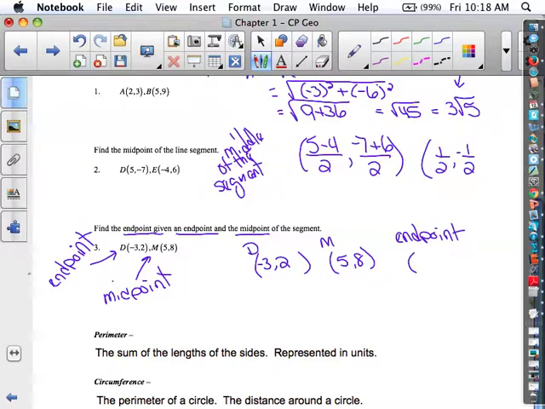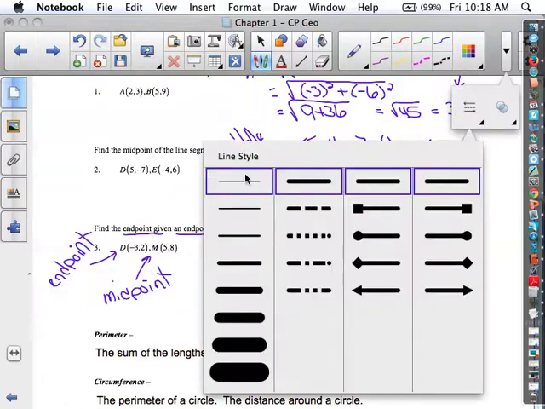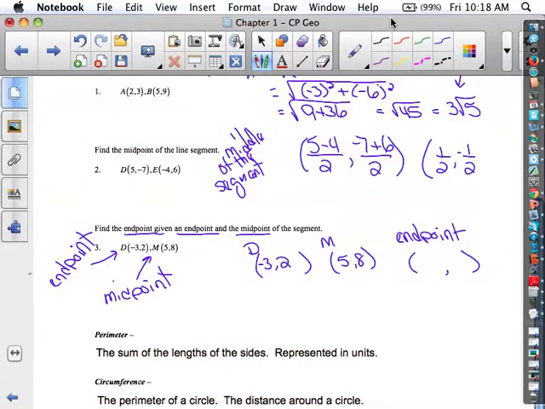So we have the endpoint we're looking for. Remember, we look for the difference in the x, so it changes from D to M by +8. So therefore, it changes from M to the other endpoint by +8, making this 13.